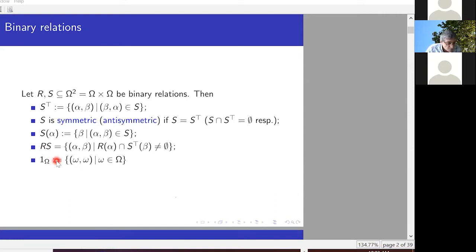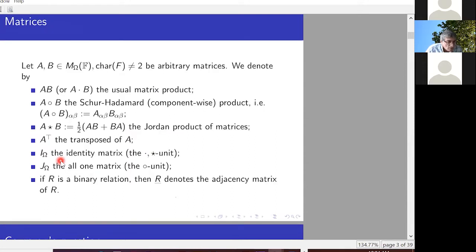Now the notations related to matrices. In my talk, I will assume that characteristic is not 2, although part of the statements are true in characteristic 2 as well.